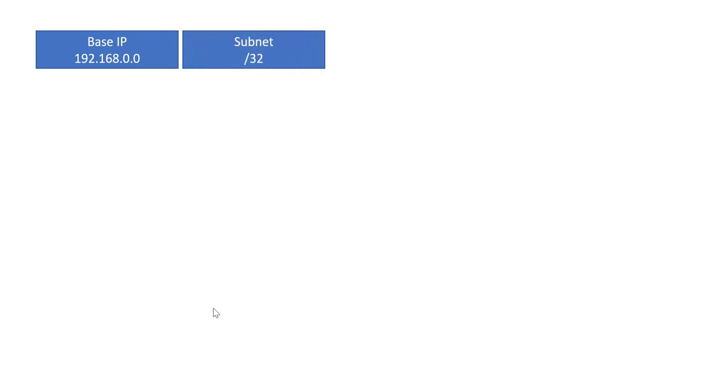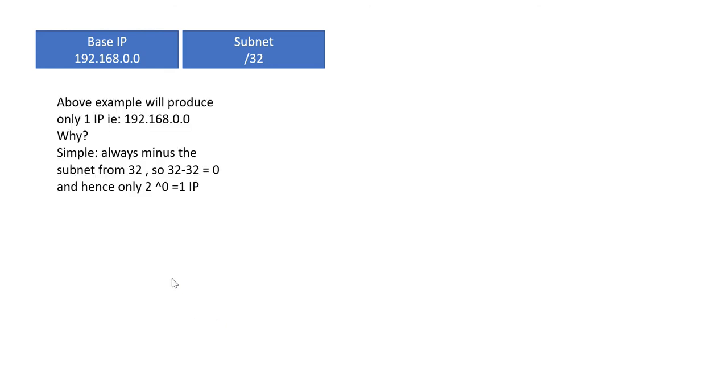Now let us take an example of how this calculation of IPs works. This is important, please pay attention to this one. Suppose the base IP is 192.168.0.0 and the subnet is /32. What does this mean? There is a simple formula if you want to calculate the range of IPs.